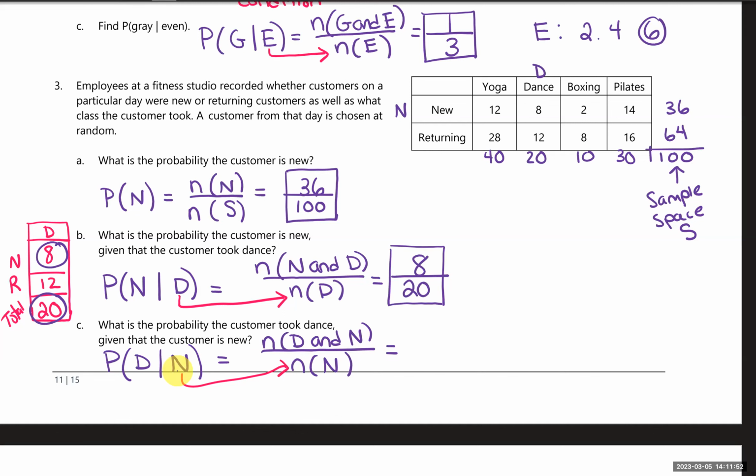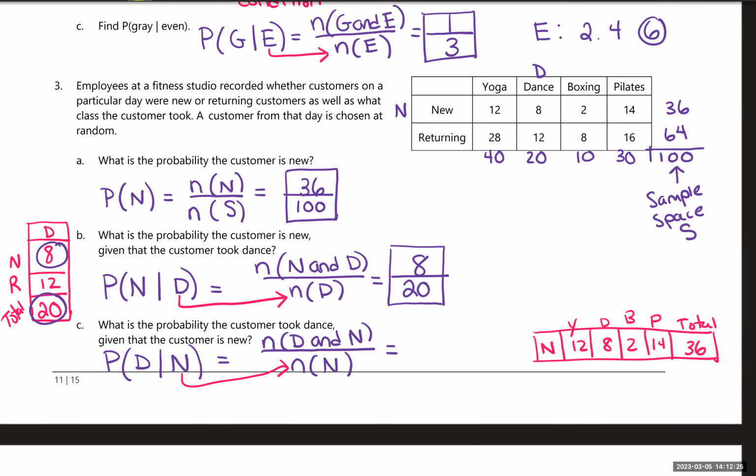And then I'm just going to do this for emphasis again on the side. That means that I can only look at the people who were new. So if I'm only looking at people that were new, my condition, then I'm looking at 12 people, that was yoga. 8 of them went to dance, 2 went to boxing, 14 went to Pilates, and that total was 36.